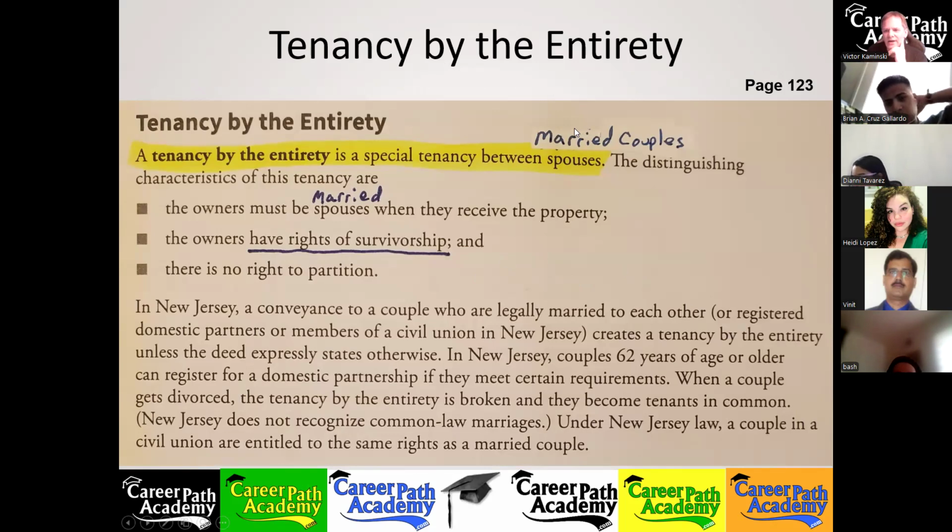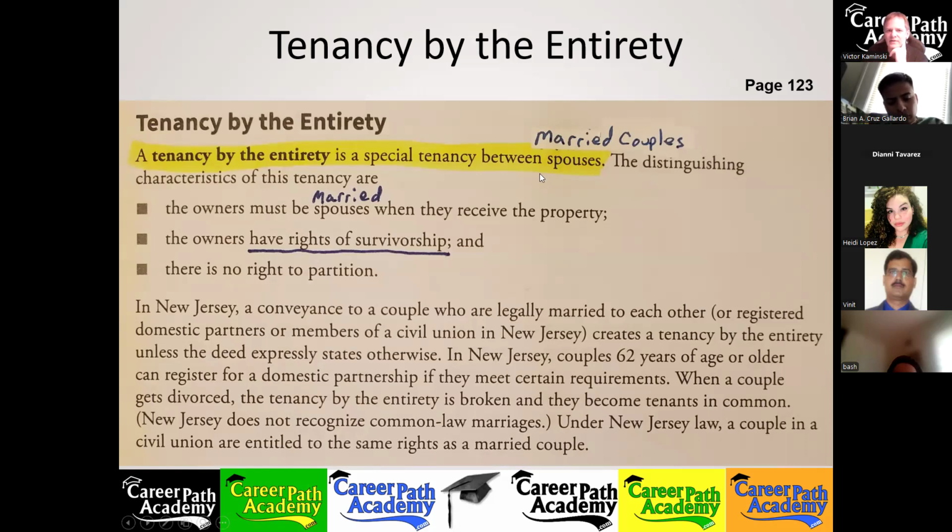Tenancy by the entirety is a special tenancy between married couples. They put spouses here. They changed the verbiage in this version of the book. In the previous version of the book, they said husband and wife. But remember, before Governor Christie left office, he made gay marriage legal in New Jersey.